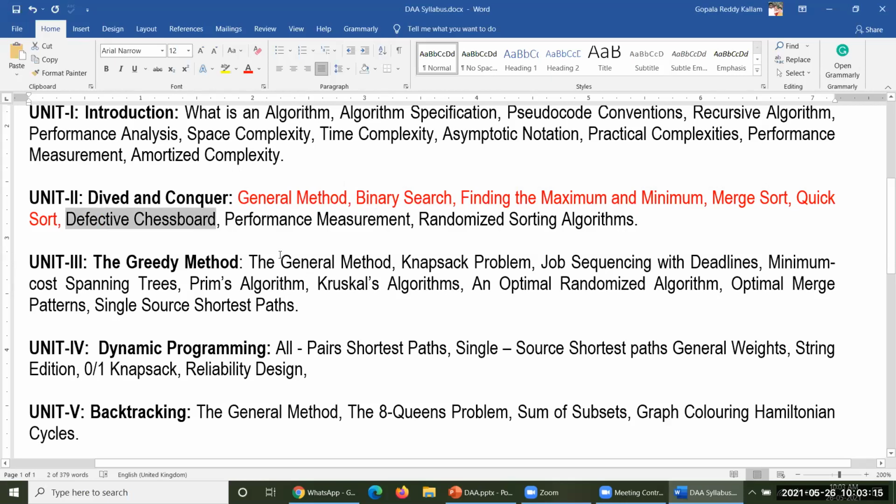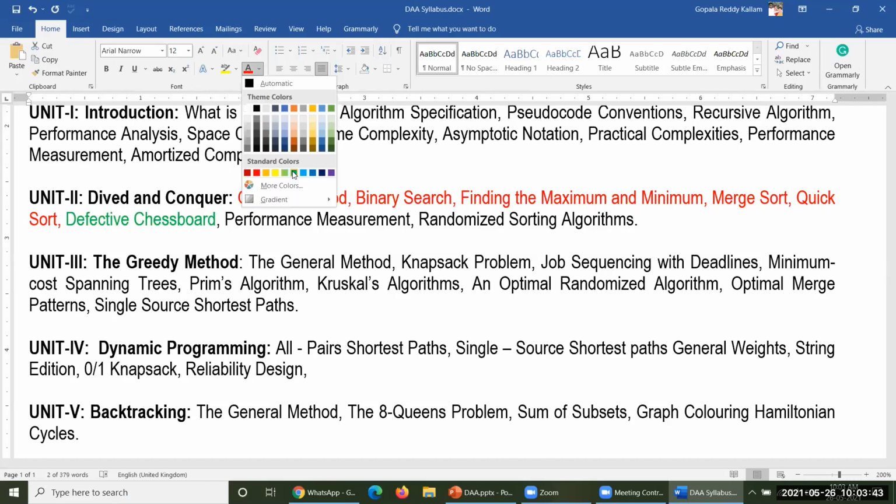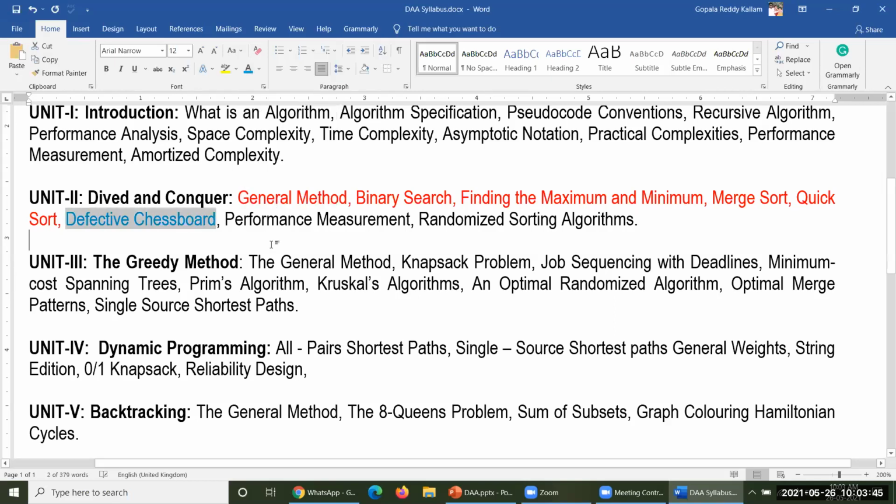In the previous class, we discussed the merge-sort algorithm, how it operates, what its complexity is, and how the complexity can be analyzed. Today I'd like to concentrate on the defective chessboard problem, so let's get started without any further delay.